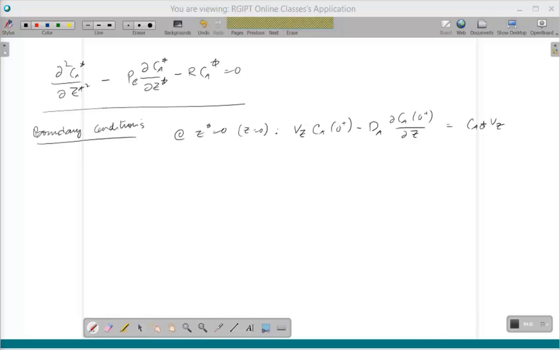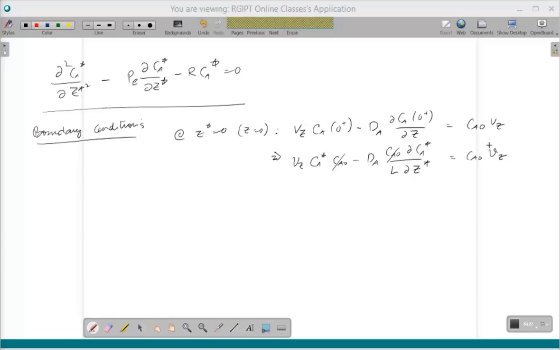If I write this in terms of the non-dimensional variable, this becomes Vz Ca star into Ca0 minus dA Ca0 d Ca star by L d Z star equals Ca0 Vz.